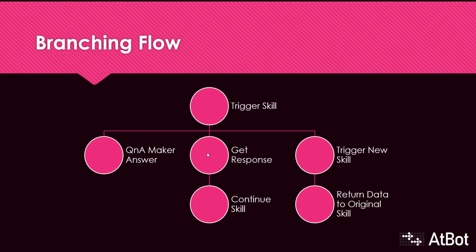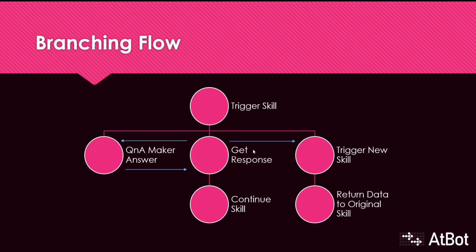So for example, once a user goes into a get response, let's consider this maybe an adaptive card form that they were sent, they have a question that they might ask. That question is going to get sent to QnA Maker while you're inside the get response, and then the answer is going to come back to the user, and then the scope is going to get passed back into the original skill. Let's say the user says something that kicks off a brand new skill.